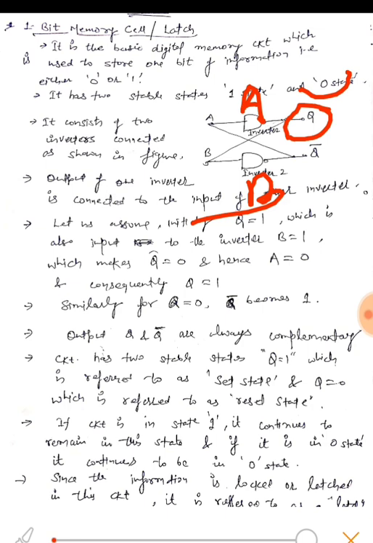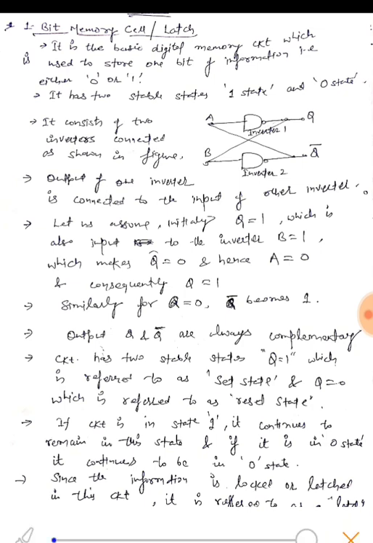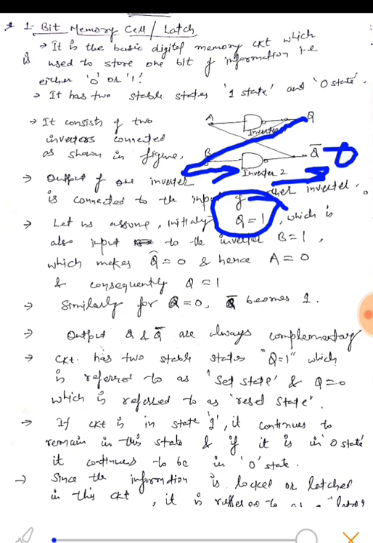So let us assume that initially Q was 1. Then it is fed to this inverter, so if the input is 1, the output would be 0.